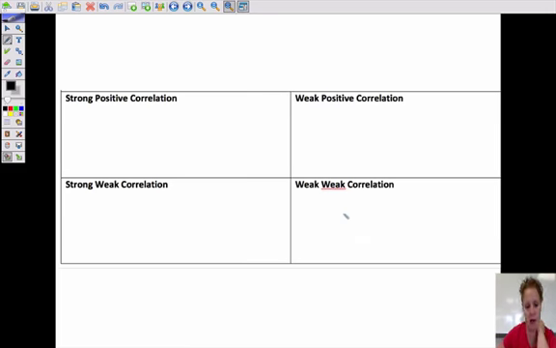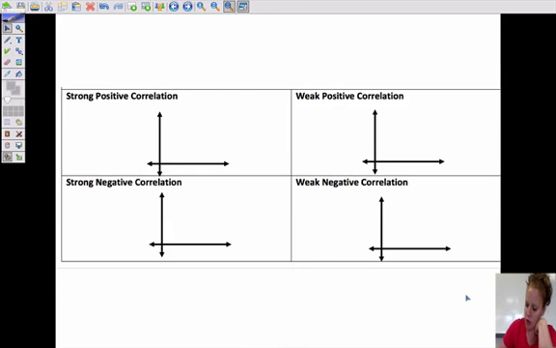So let's take a closer look at those correlations. A strong positive correlation is going to be if I have an x and y axis, and why don't I make my x and y axes here. So a strong positive correlation is one where our data points are both going up and they are closely related to a line.